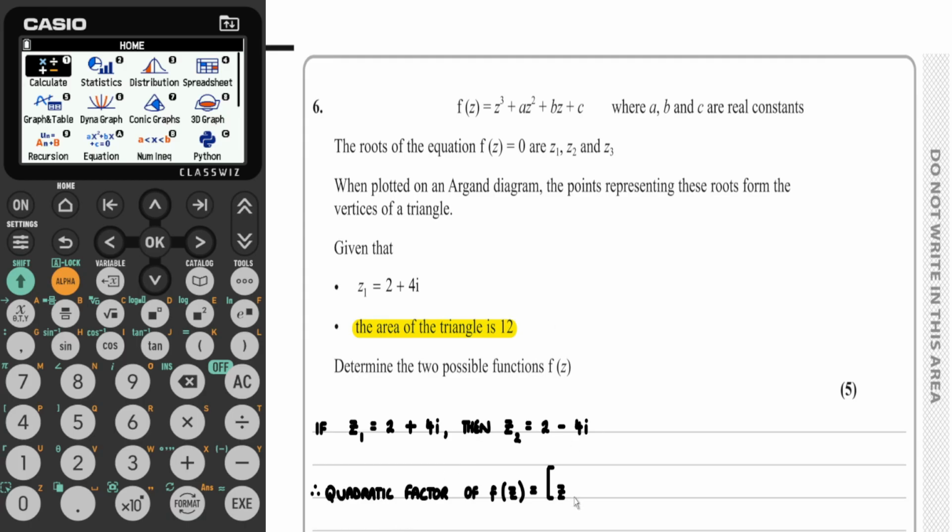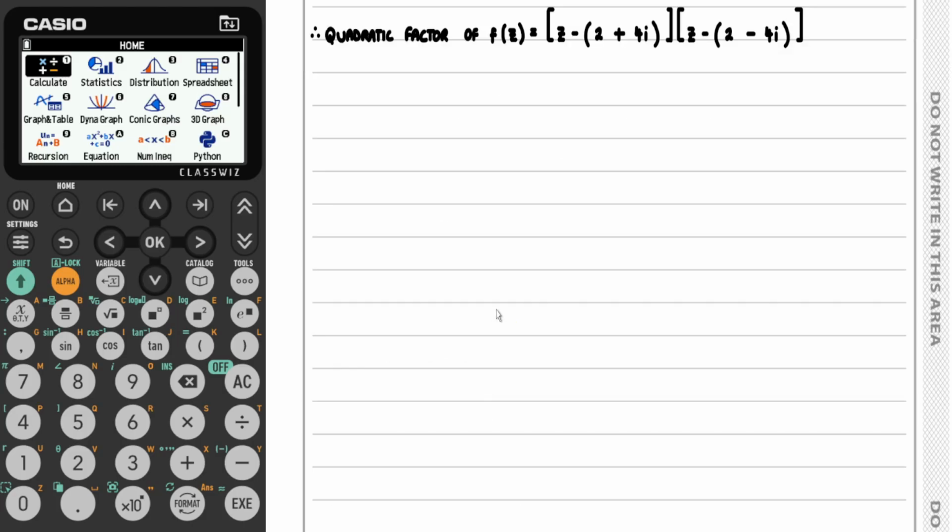That will be (z subtract the root 2 plus 4i) multiplied by (z subtract the other root 2 subtract 4i). We can rewrite this as (z subtract 2 subtract 4i) multiplied by (z subtract 2 plus 4i).